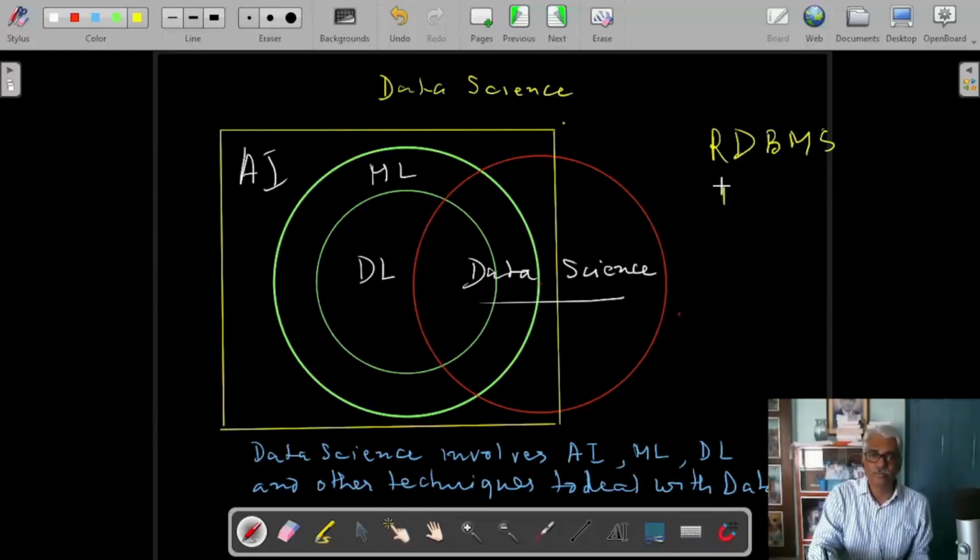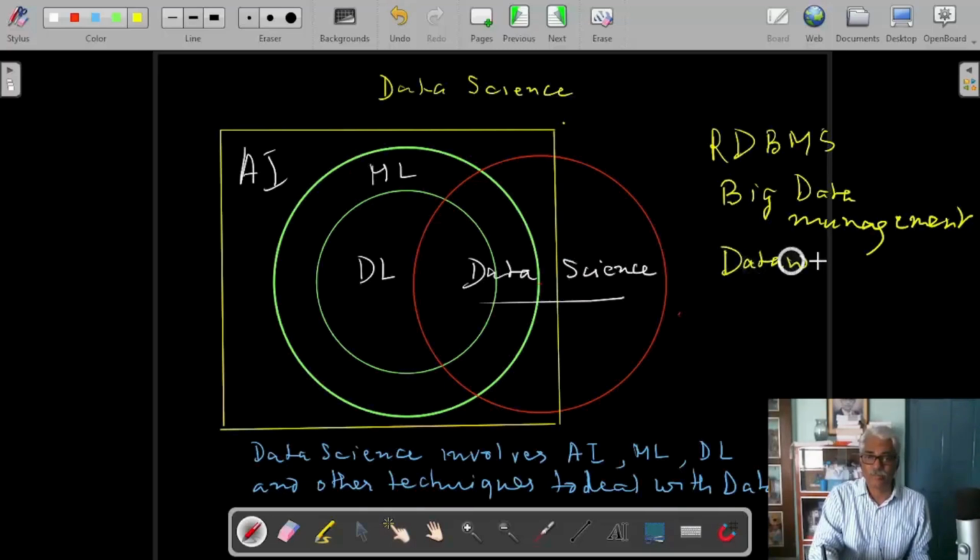Then big data management. And we also talk about certain things like data warehouse, data mart, and so on.